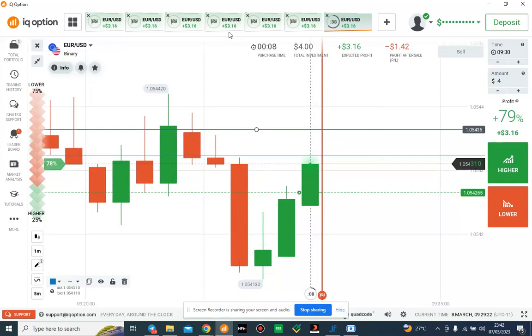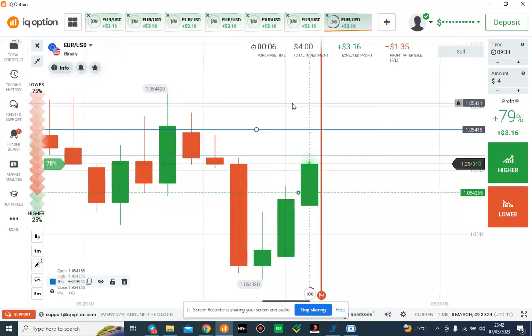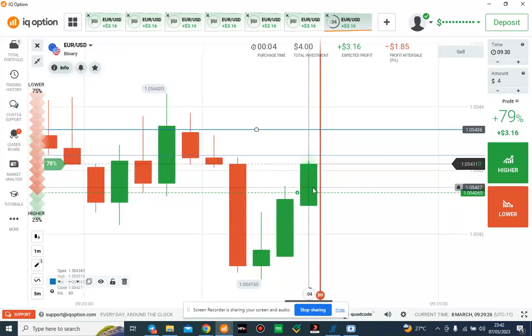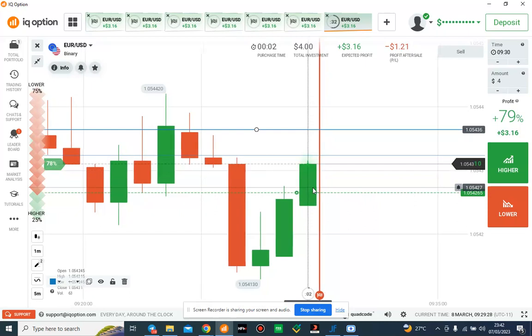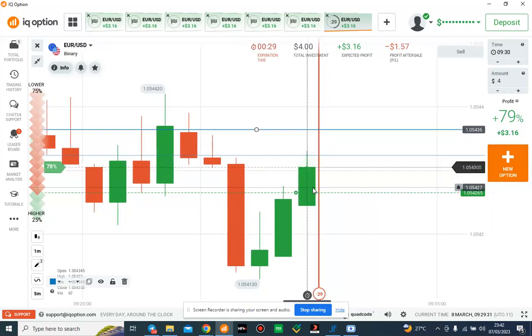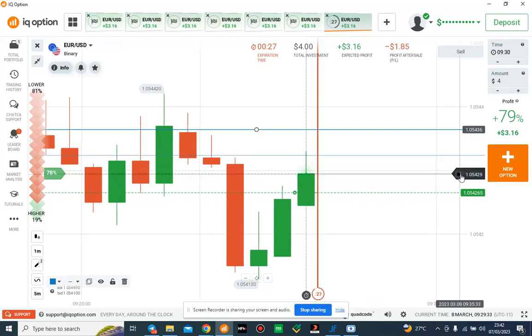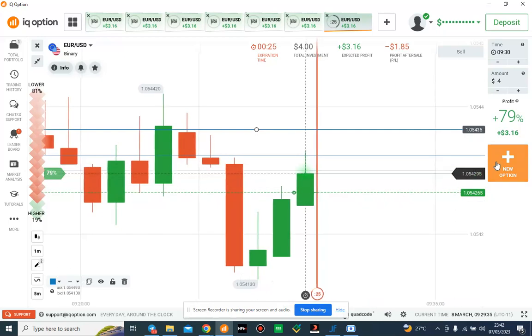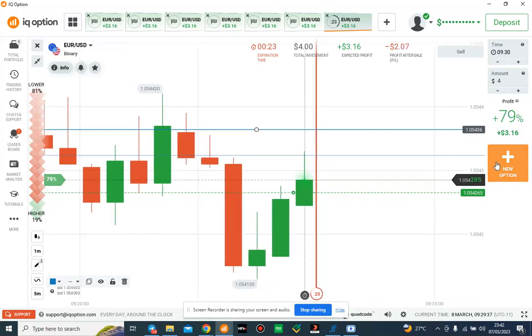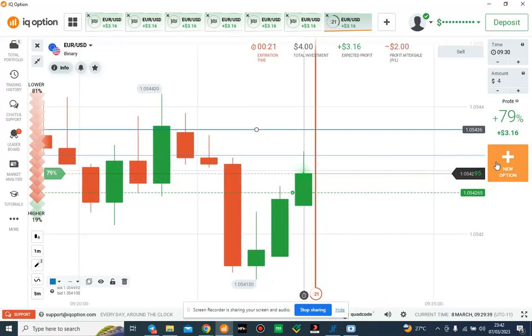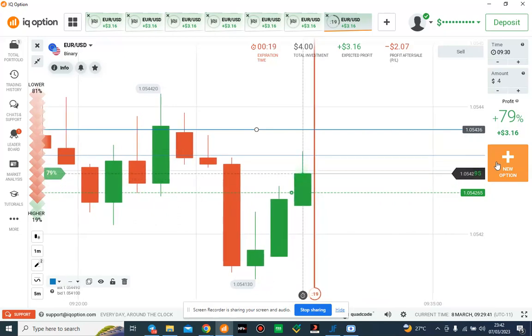I think I've taken 7 trades. This will be my last trade. A quick rejection from seller's area.